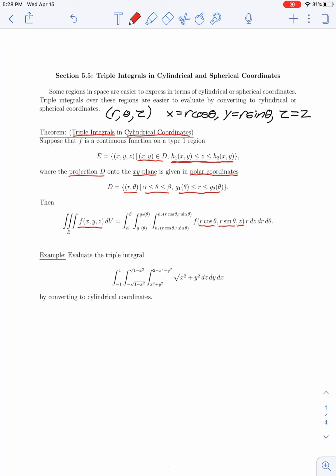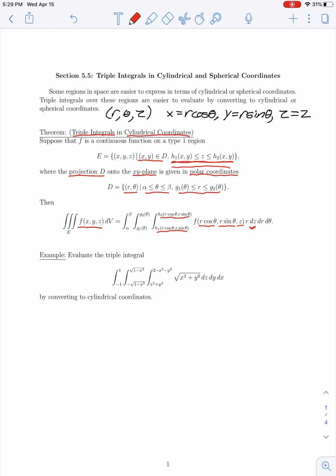Our limits of integration for our innermost integral, that is with respect to z, were bounded above and below by functions h1 and h2 of x and y. So we now replace those functions of x and y by the polar coordinates. So here our x and y values are again r cosine theta and r sine theta.